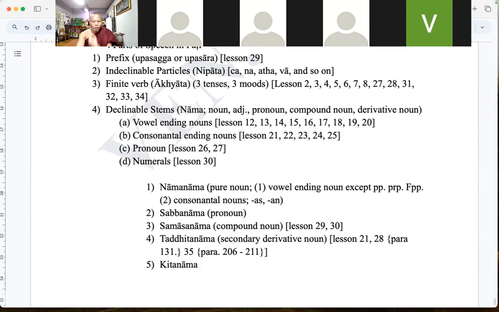So kita nama, before we go, we need to know that there are two kinds of kita. So kita nama is primary derivative.